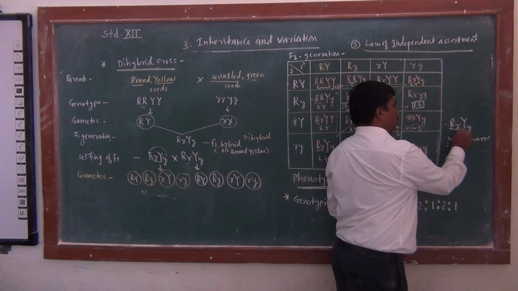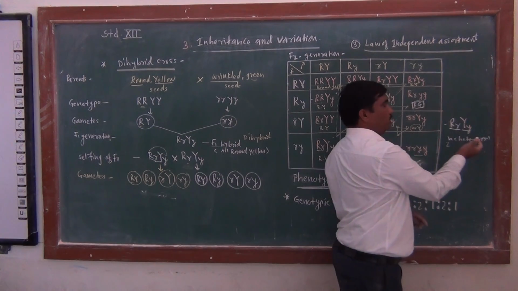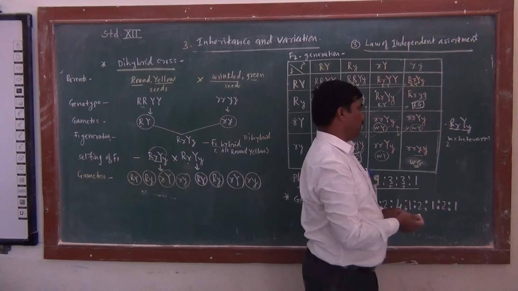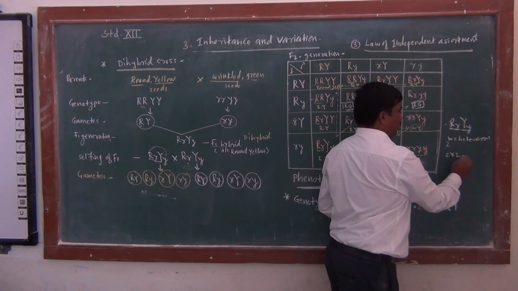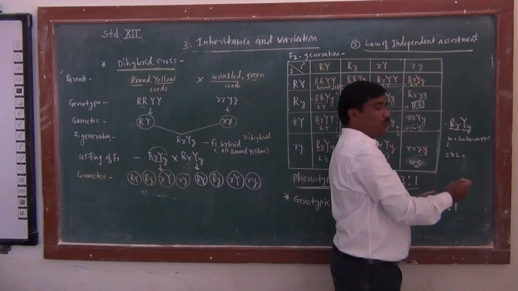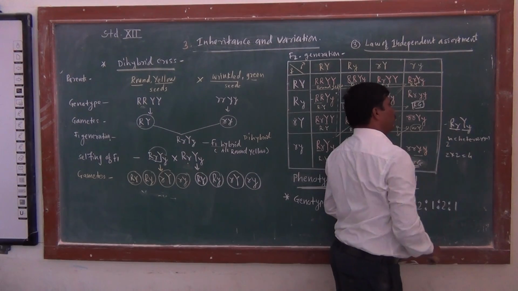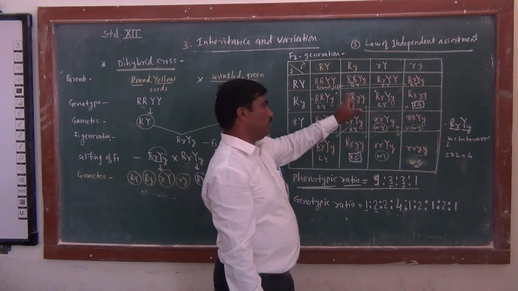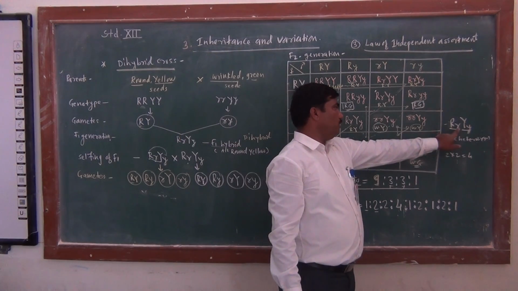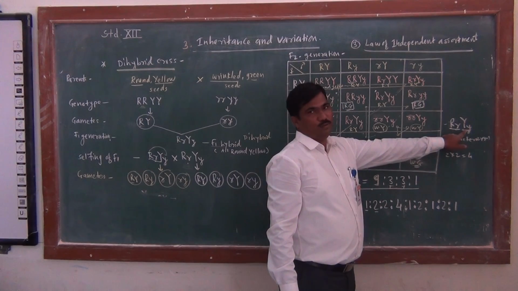Here capital R small r is heterozygous, and capital Y small y is also heterozygous. So 2 heterozygous conditions, therefore you write 2 into 2, so the answer is 4. The 4 individuals formed in a dihybrid cross have genotype capital R small r, capital Y small y.